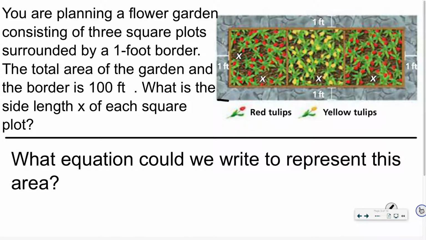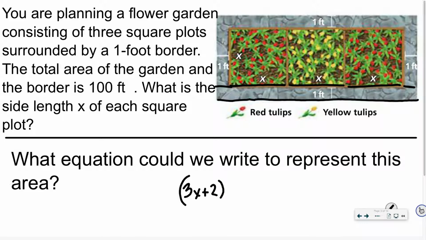What's this whole length? 3x plus 2. X, x, and x, 1 here, 1 here. So we have 3x plus 2 is the length. I know that 1 looks a little tricky, but it's actually just showing you that this gap here is 1.